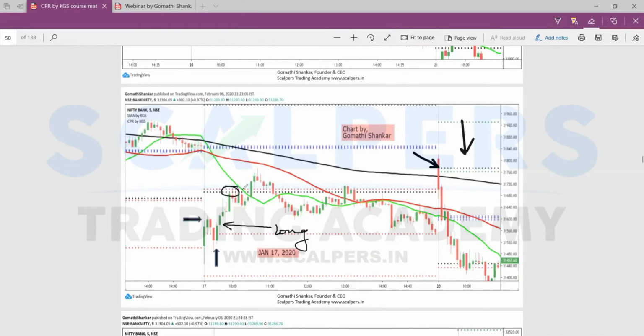Because before 20 SMA, see clearly, S1 and previous day low is there. So you have to book your profit at S1 and previous day low only. Don't wait for the candle to touch 20 SMA. As soon as S1 and previous day low is reached, immediately you book your profit. So this is how we take a quick scalping.